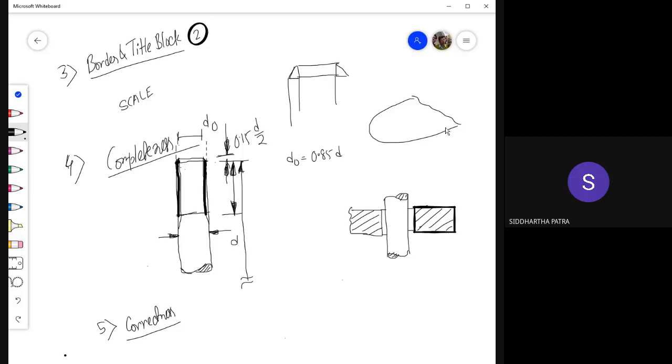Okay, so imagine this is the geometry in the isometric view, with a cylindrical hole, and also imagine this is the plane along which you are making a cut. Okay, and then you are trying to look at it from the front view.